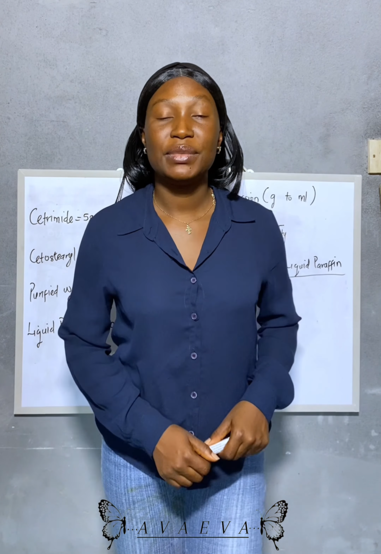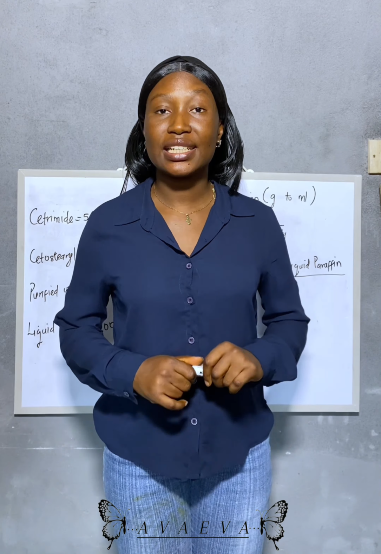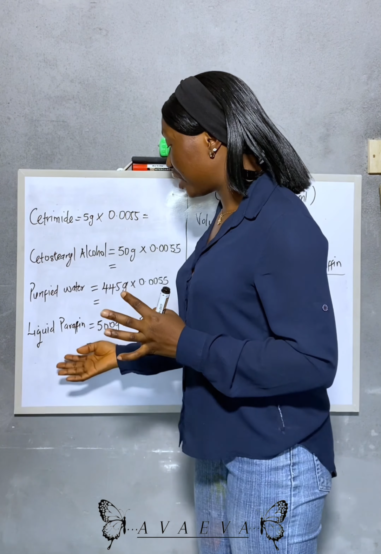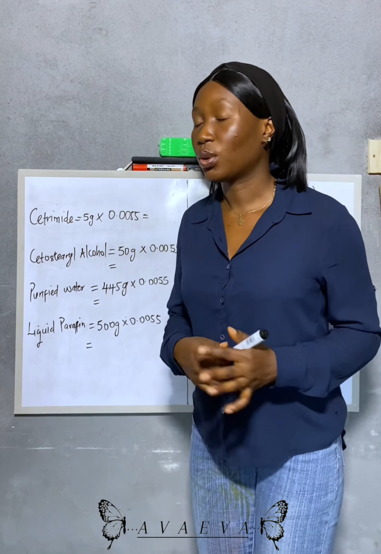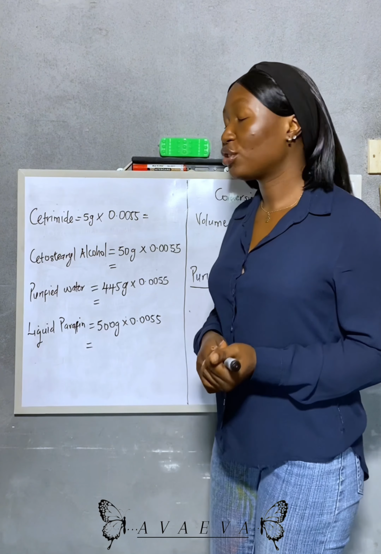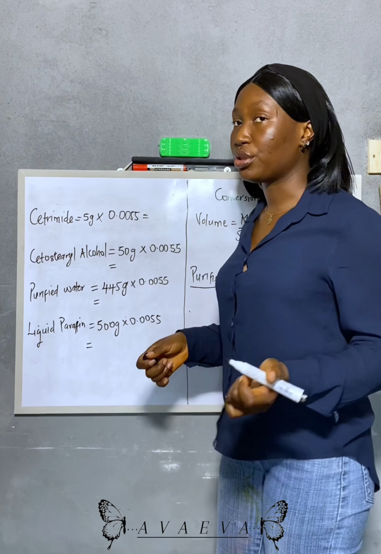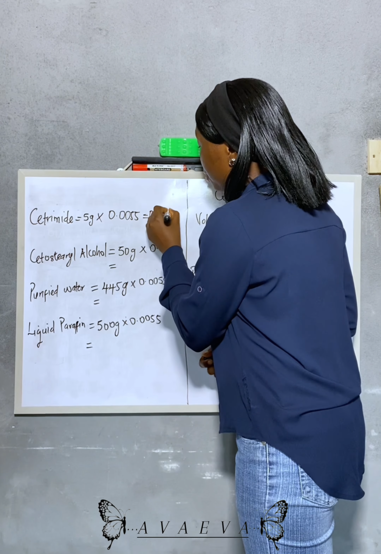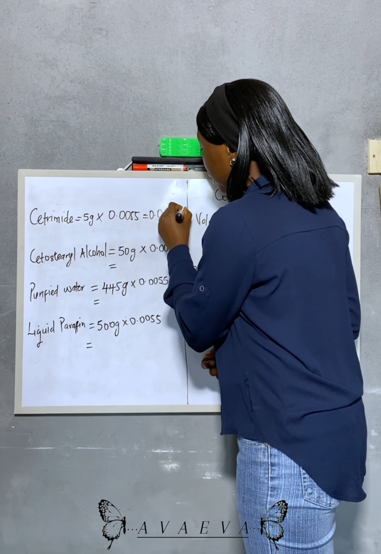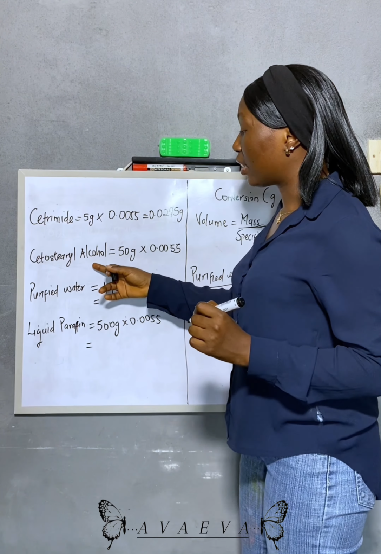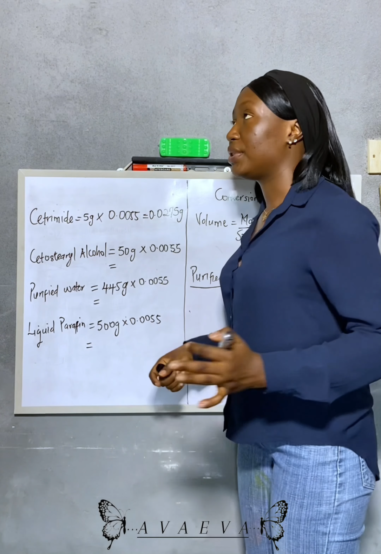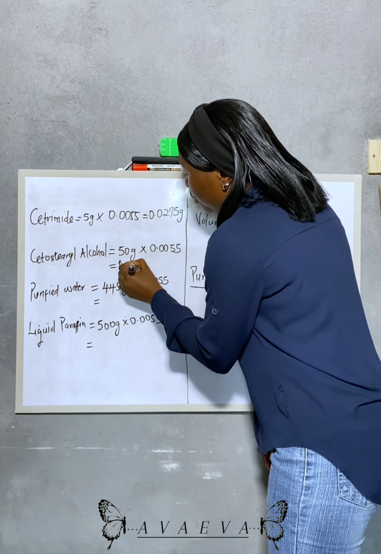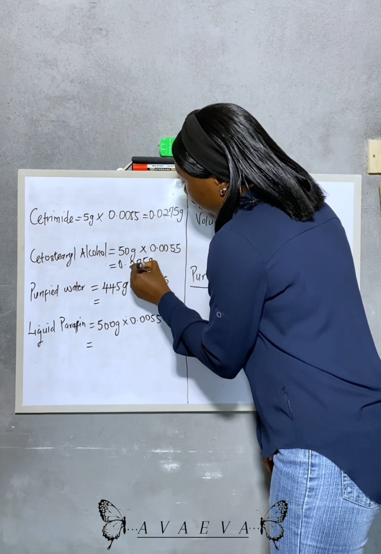When you have determined your multiplying factor, the next thing you do is to multiply your ingredients with the multiplying factor. As you can see here, we have cetrimide 5 gram times 0.0055, which is equal to 0.0275 gram. Secondly, your cetostearyl alcohol 50 gram times 0.0055, you will have 0.275 gram.